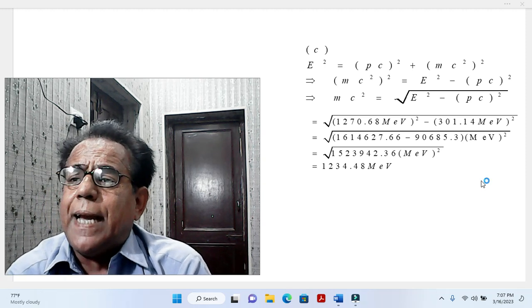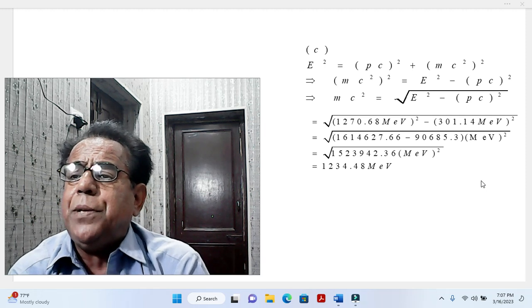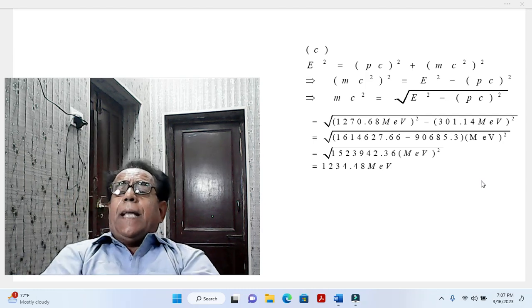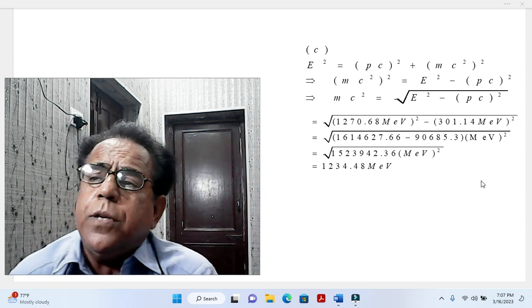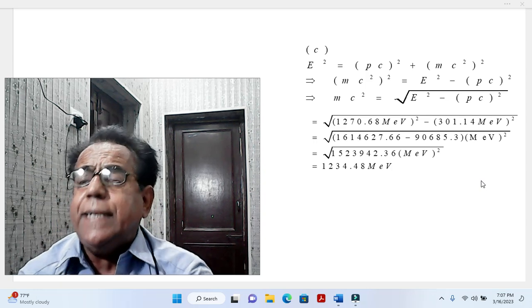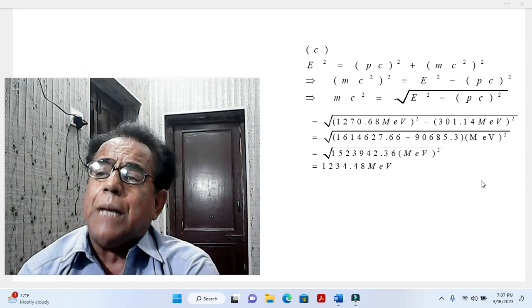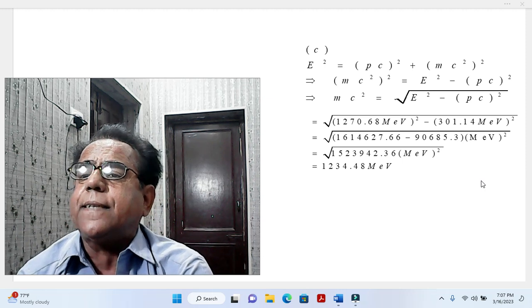This implies that mc square whole square will become equal to e square minus pc whole square. Then in the next step we take the square root of both sides, and hence mc square will become equal to the square root of e square minus pc square.